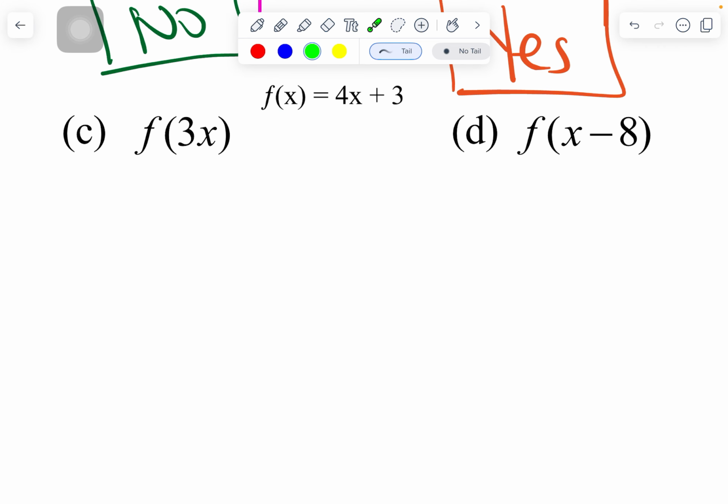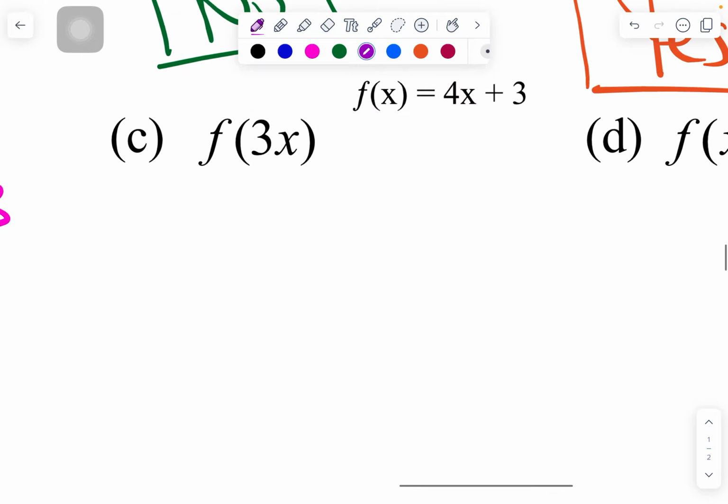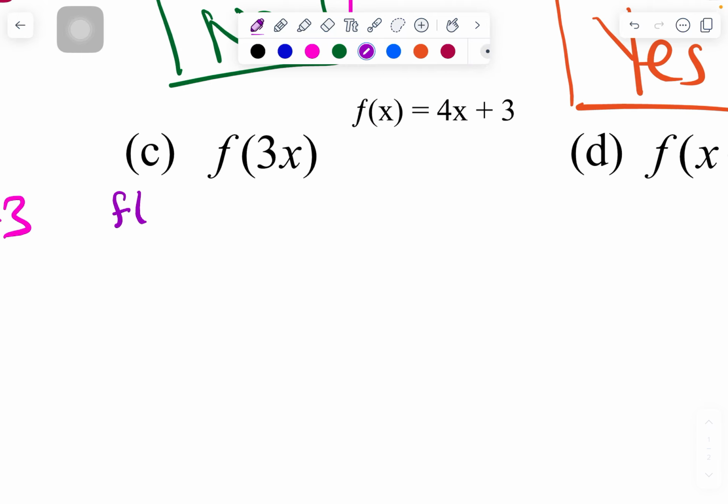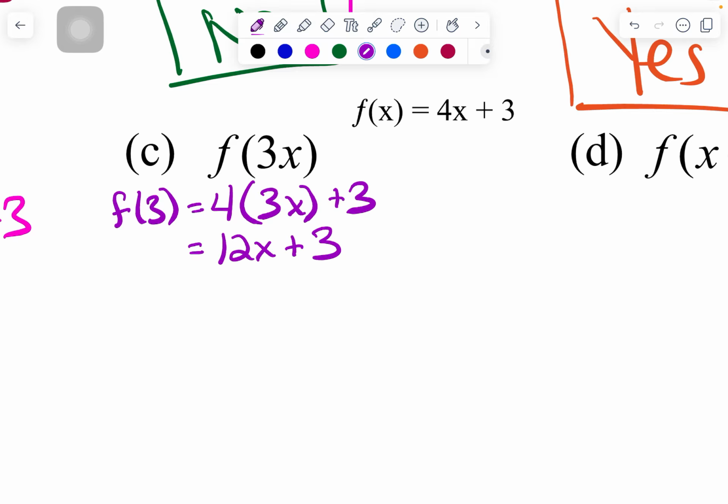All right. But instead of x, now I want to replace it with 3x. Okay. So let's see what I got here. So f of 3x equals 4 times x, but x gets replaced, plus 3. So 4 times 3x is going to be 12x, and then plus 3, and that's where you're going to stop. Hold on a second.